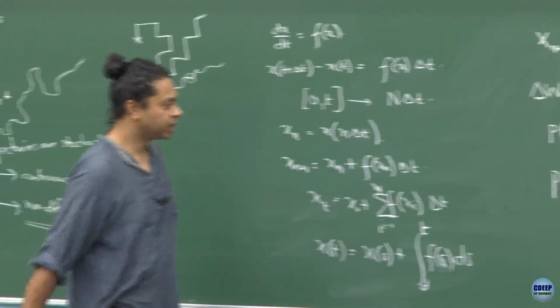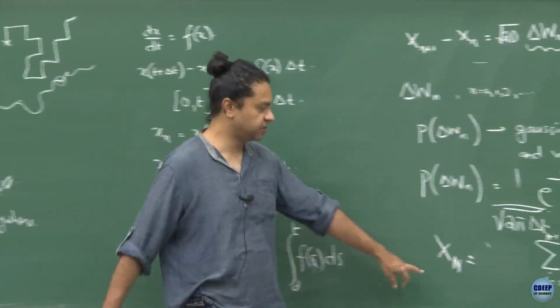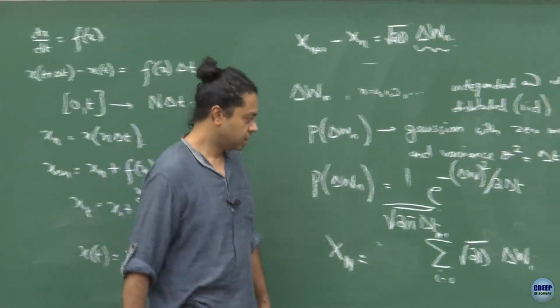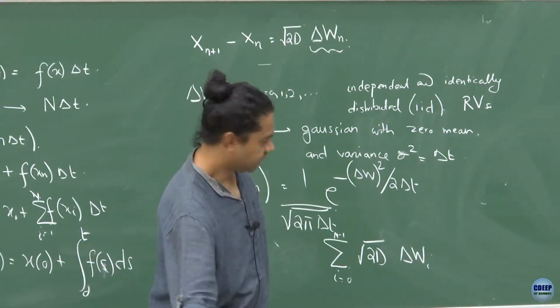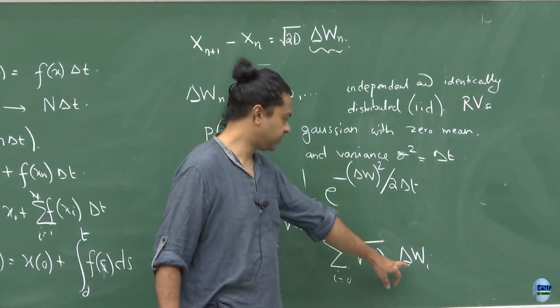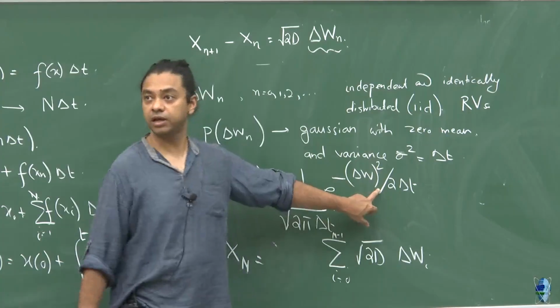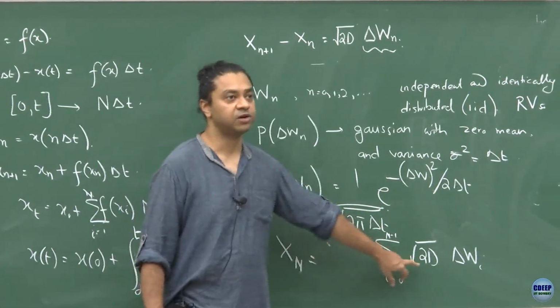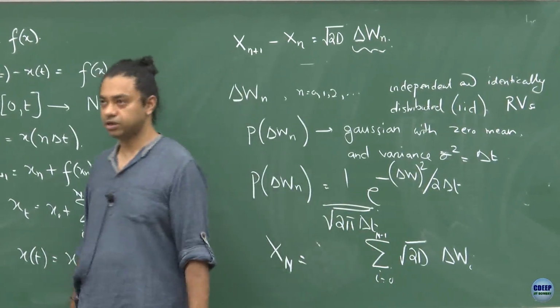What I want to know is the probability distribution for this x of n. That is simple enough. I know that the probability distribution of this delta w is a Gaussian. My x of n is a sum of Gaussians and that is itself a Gaussian.